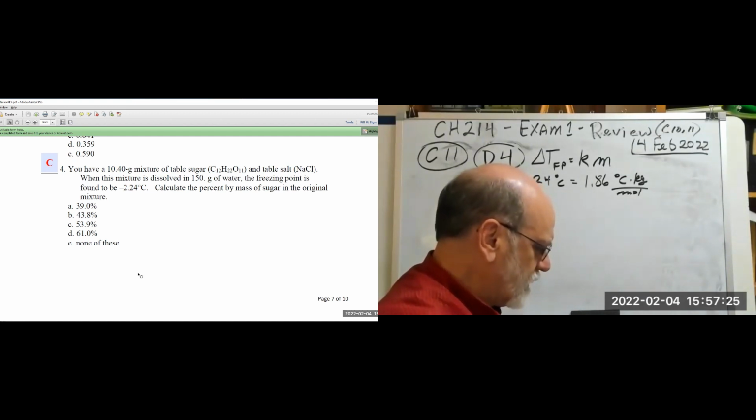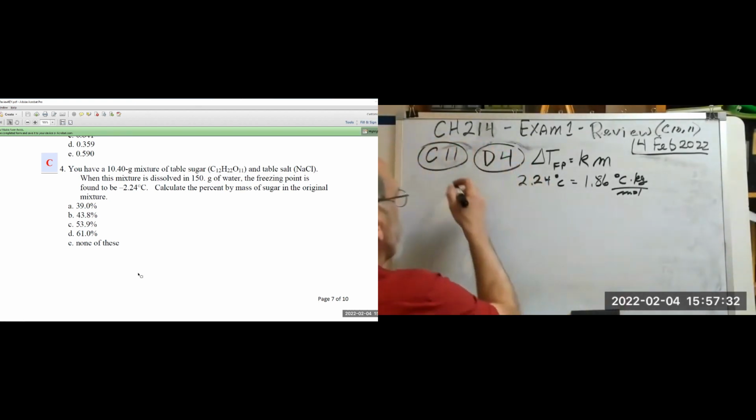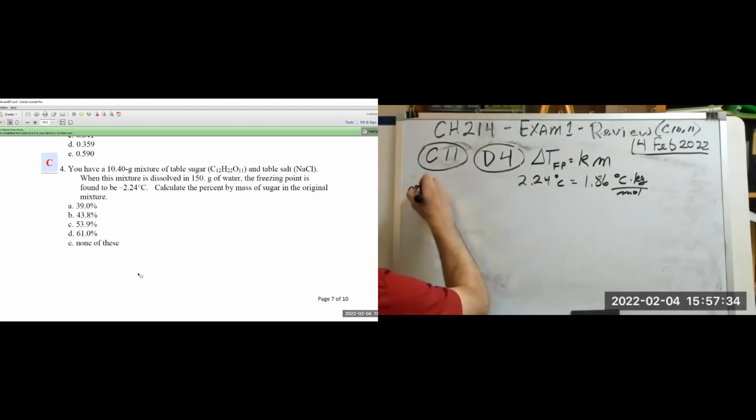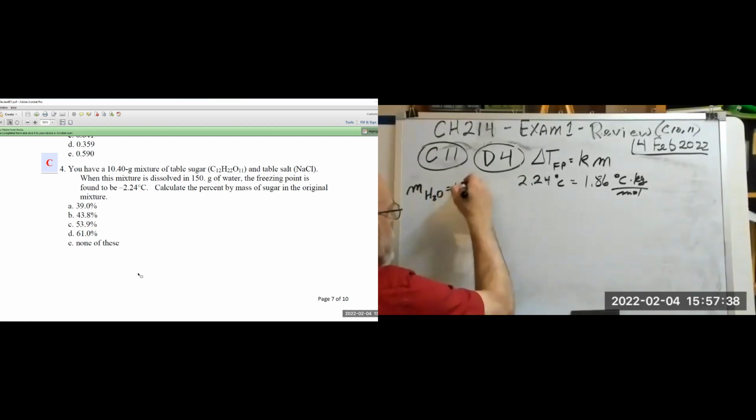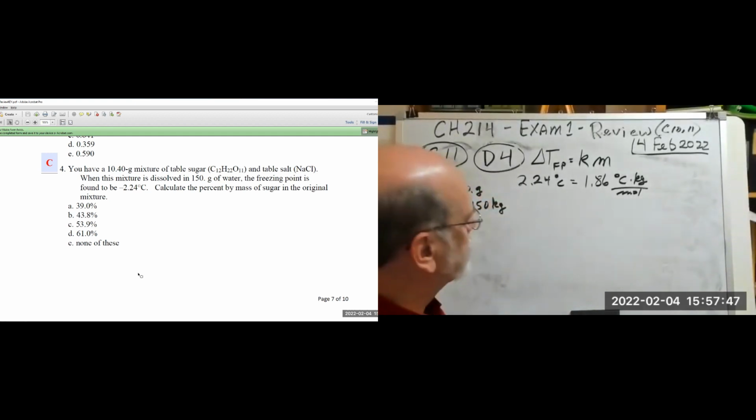What else do I need? The mass of water. So the mass of the solvent is 150 grams, which is 0.150 kilograms. Now, why do I say kilograms?